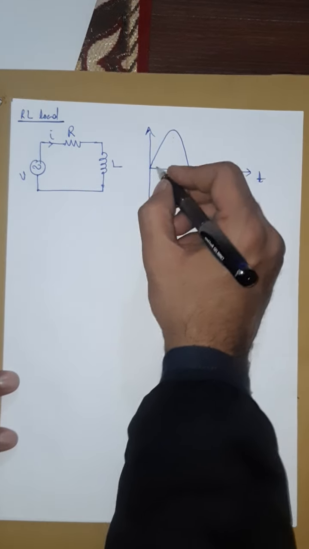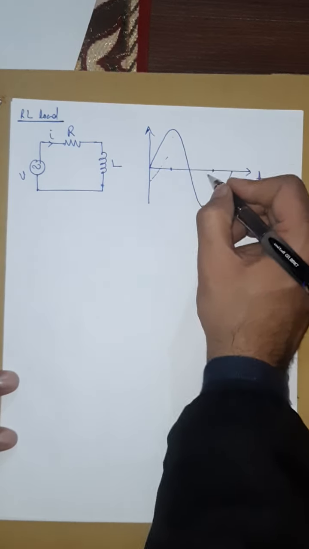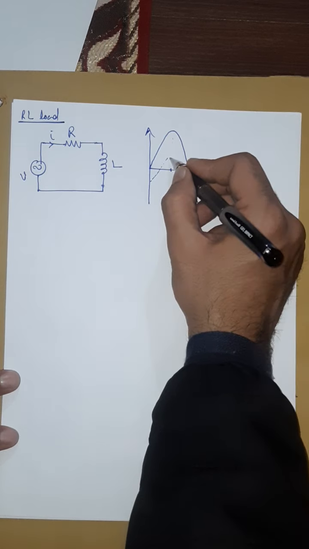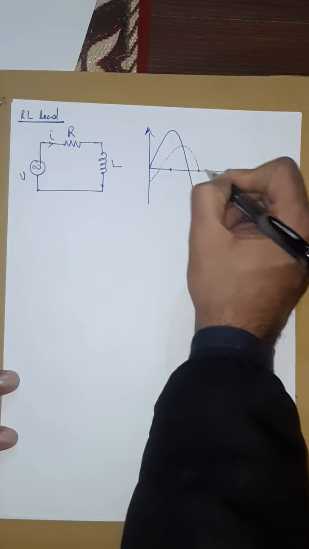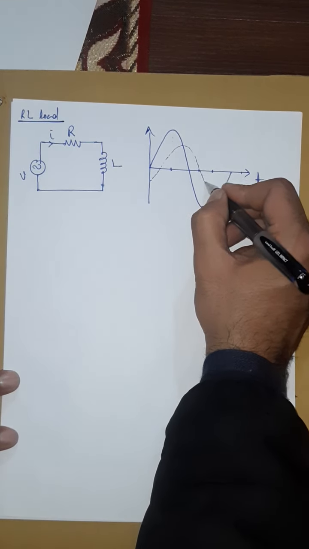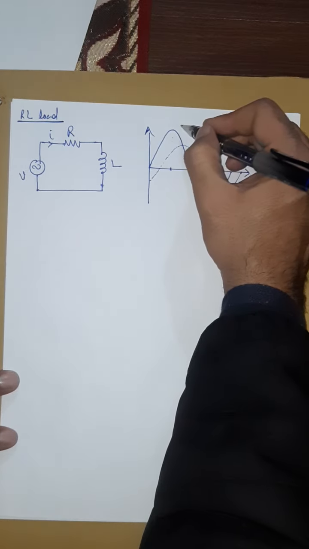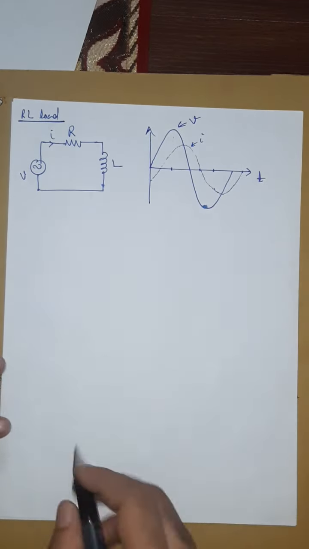The current will lag by some angle, but not 90 degrees. So this is my current waveform. This was my voltage V, and this is my current I.